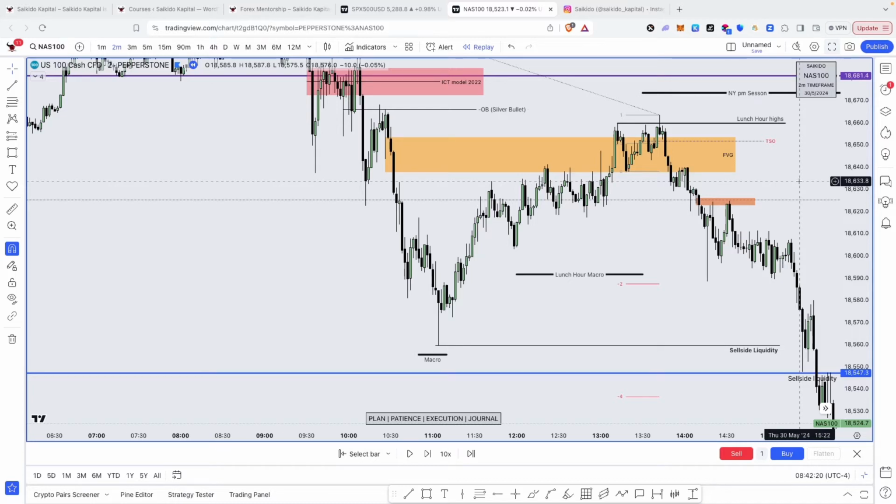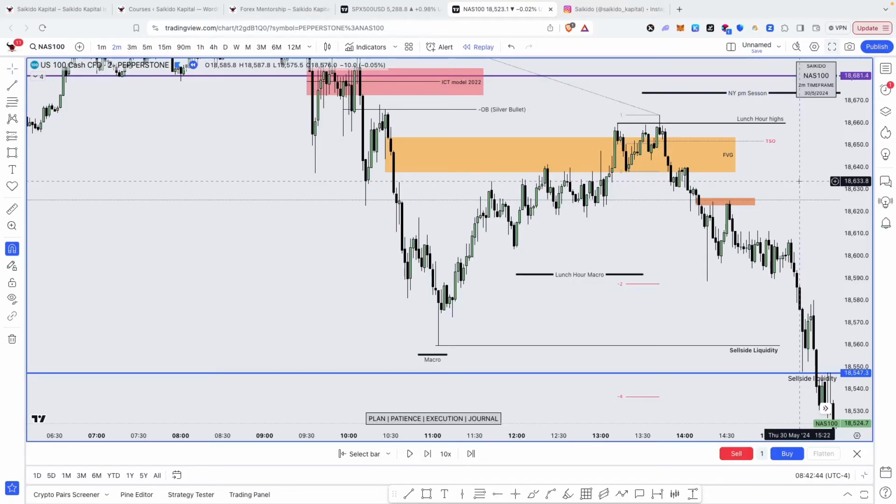I think 10:35. Let me confirm here because I always forget it. I don't really trade the final hour macro. There is a macro from 15:15 to 15:45, so quarter past 3 to quarter to 4. That's a macro, you can trade that.